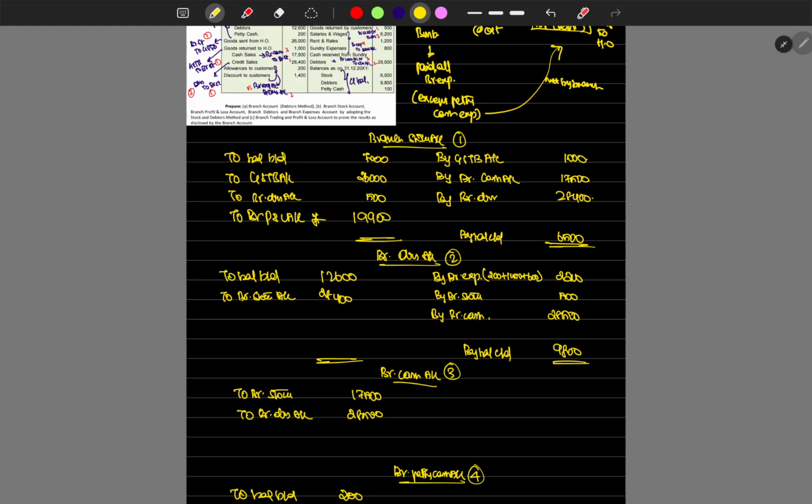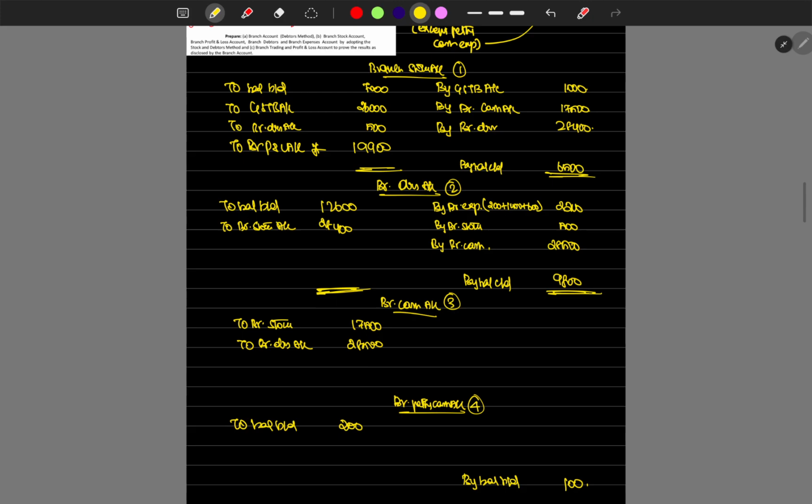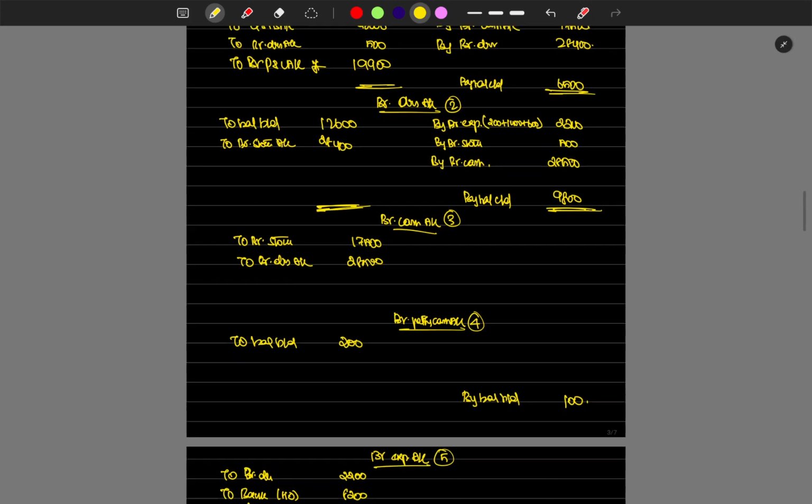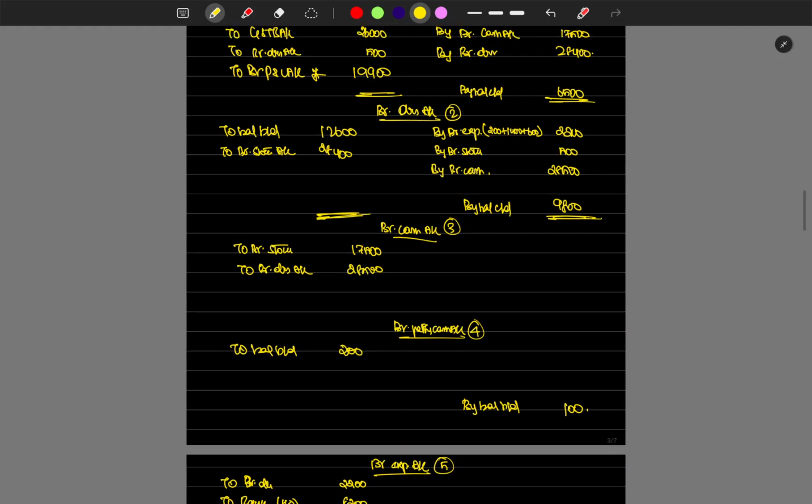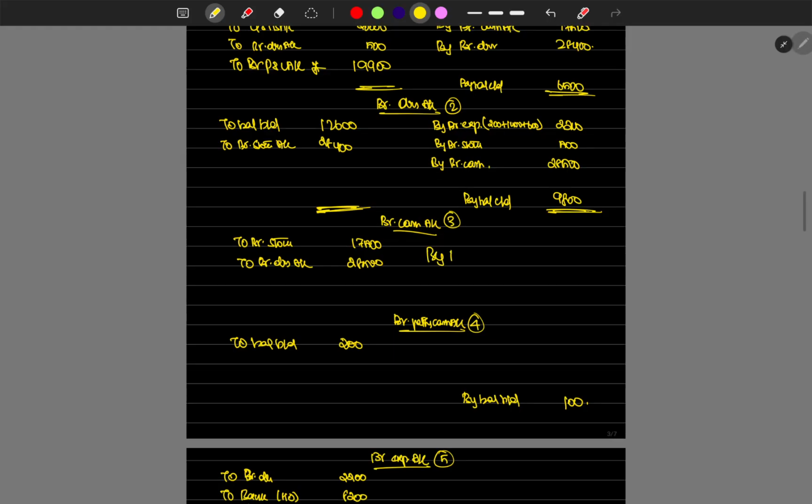Let's see if there is any difference. 41,000. Okay, it's balanced. There is no carry forward or carry down, no values mismatch, so it's balanced. 41,000. Now 17,500 plus 28,500, which is 46,000. We are immediately transferring it to HO. Okay, 46,000 is the balancing figure.